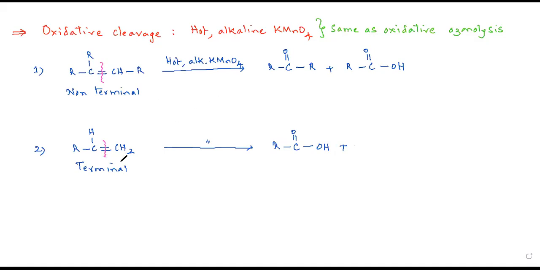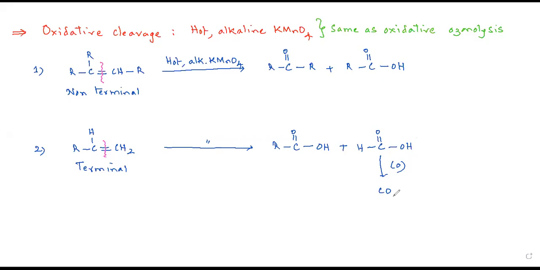Right? From the other end, we get, of course, formaldehyde. But because this is hot, formic acid, it is hot. So even the next step also takes place.